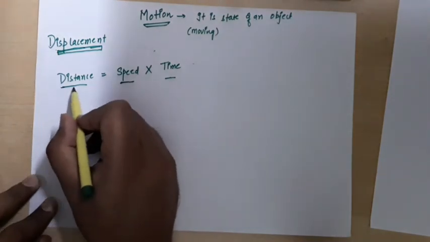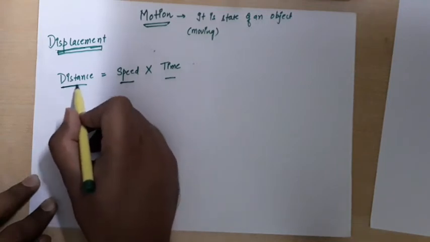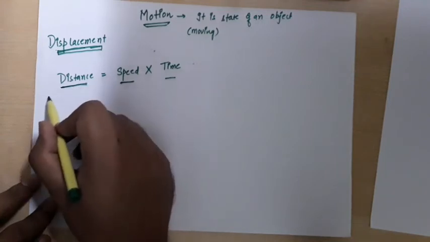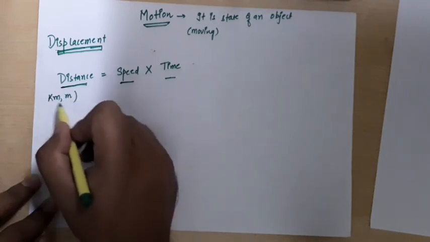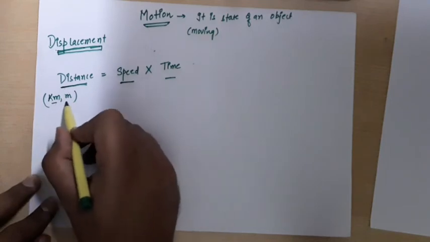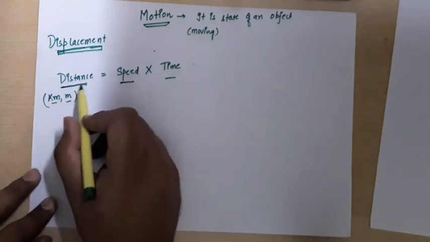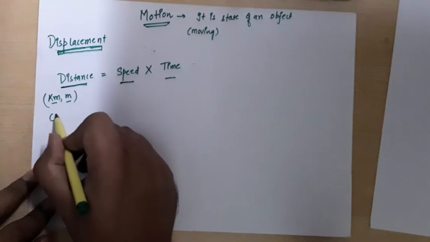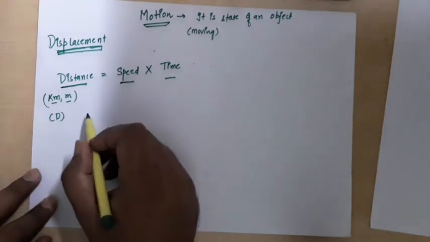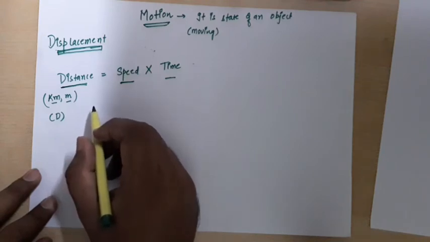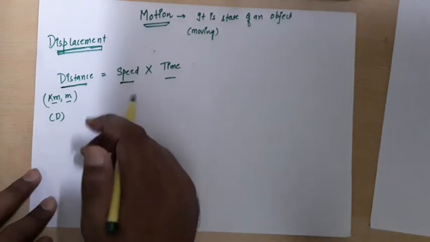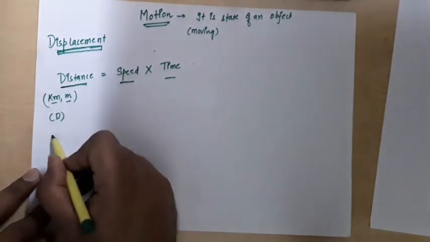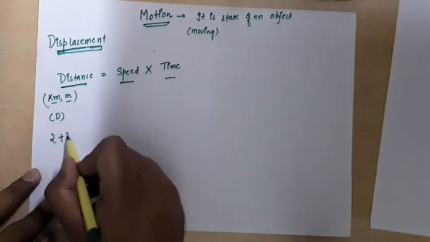So we will see what we have discussed. This distance is measured in kilometers. Kilometers, meters, these are its units. In this chapter majorly kilometer and meter will be useful, and it is denoted by capital D. Suppose if somebody asks you what is the sum of 2 and 3, you will just add, putting the plus sign between 2 and 3.